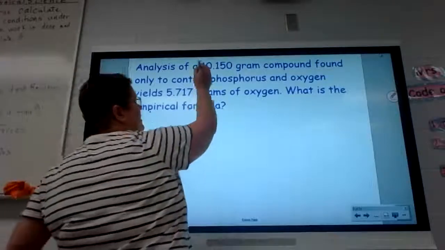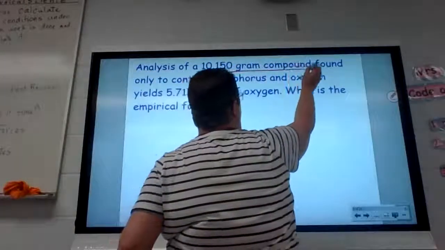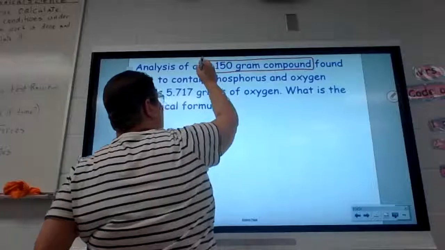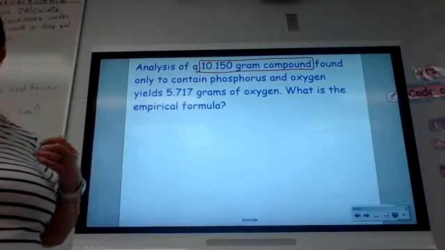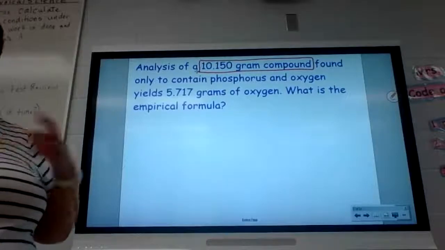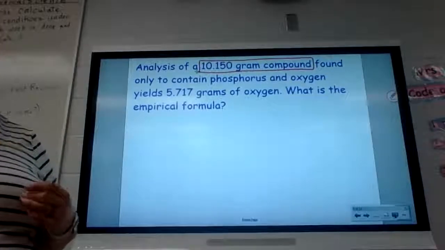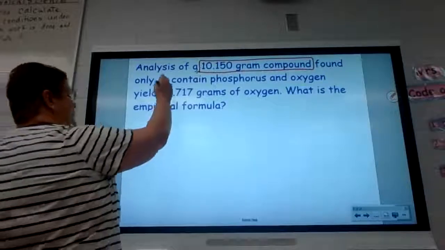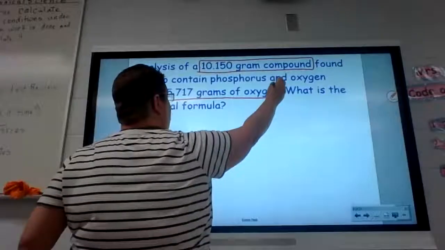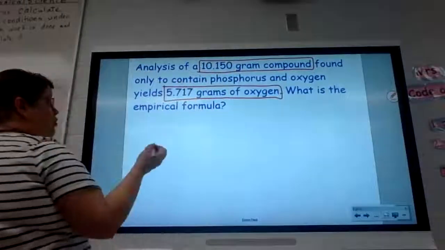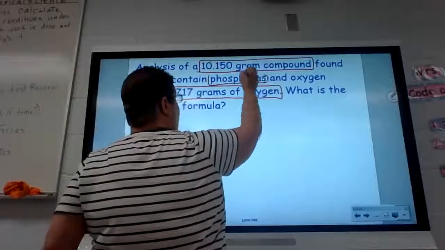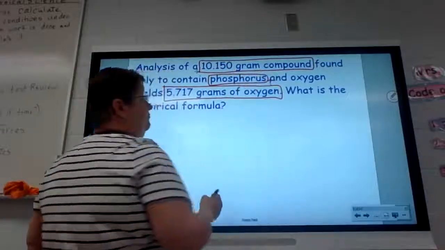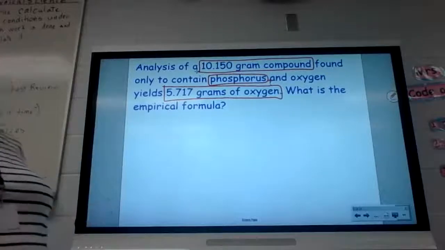See how it says 10.5 grams of the compound? It's combined. It's not an individual element's mass. You have to get the individual element's mass. This is the grams of what? Oxygen. So you know oxygen, but we don't know phosphorus. Phosphorus is P, but we don't know what it is.